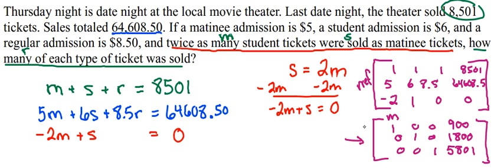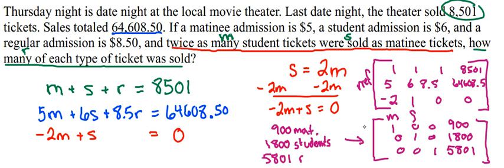First column was M. So we have 900 matinee. The next column was S. So we have 1,800 students. And then we have 5,801 regular. And you can just write your answer like that. You could write it as an ordered triple, but that's the solution.